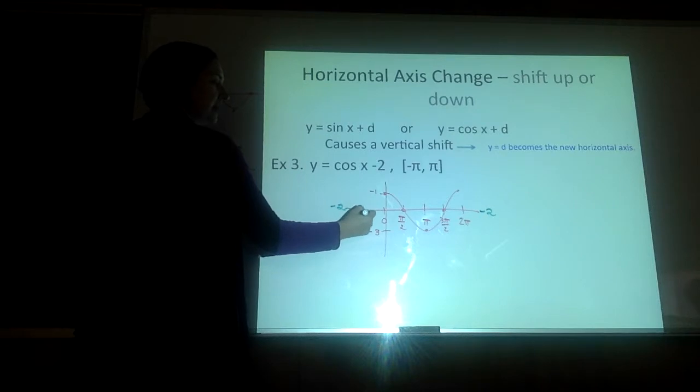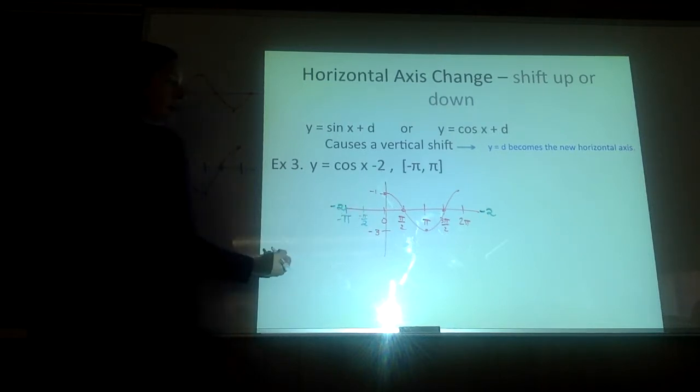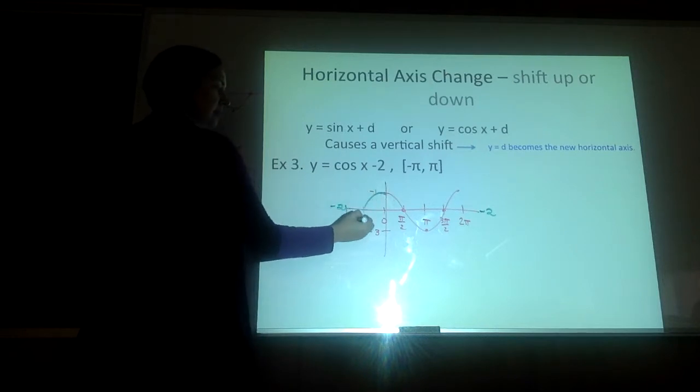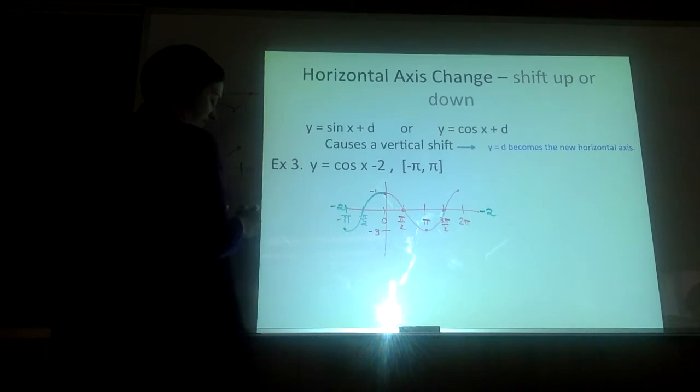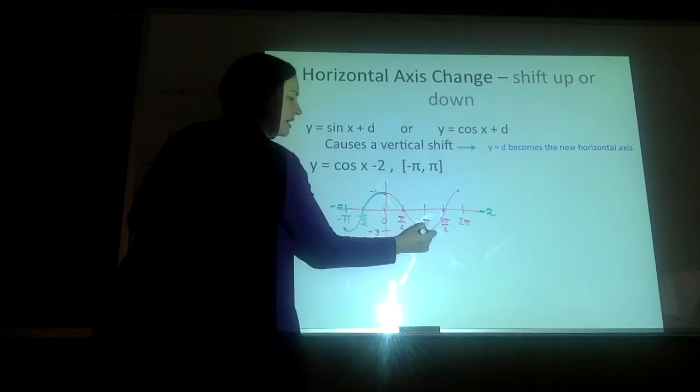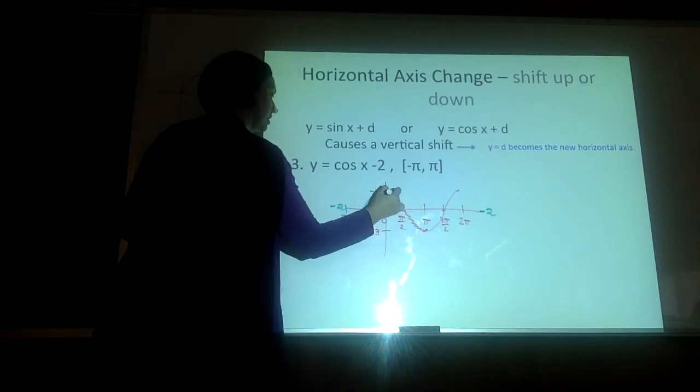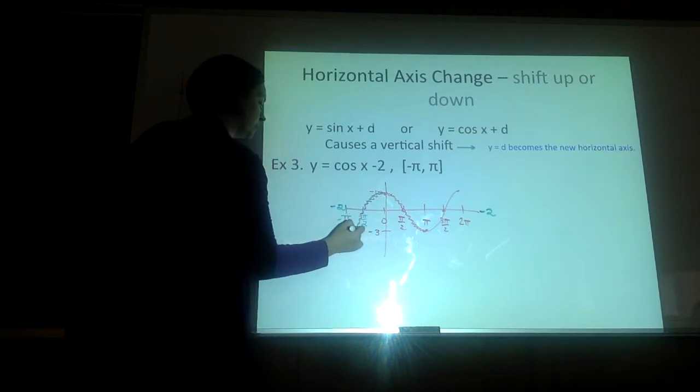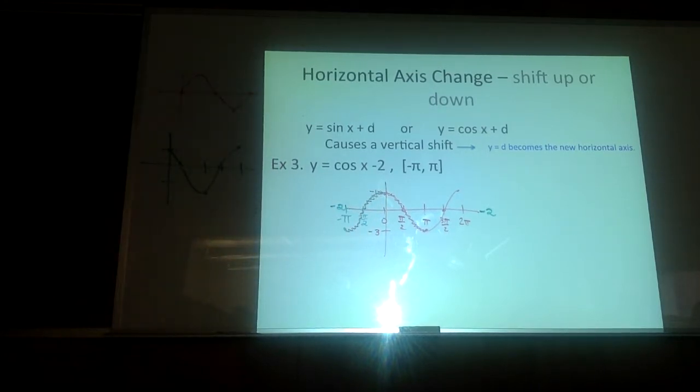Now I'm going to go to negative pi over 2, and then negative pi. Repeat the pattern to here. This comes down to here. So the part of the graph that I really need is this part. This is my real solution that I'm squiggling. But I want you to reinforce what the 0 to 2 pi looks like. That's what you're going to deal with most of the time.